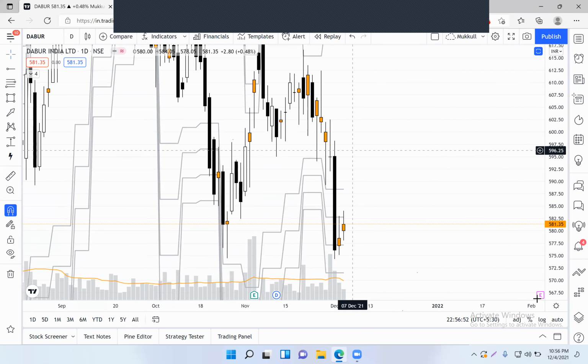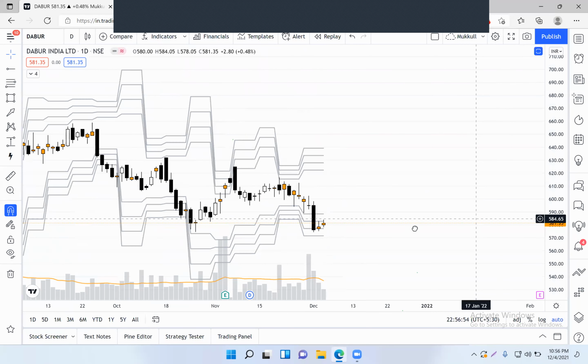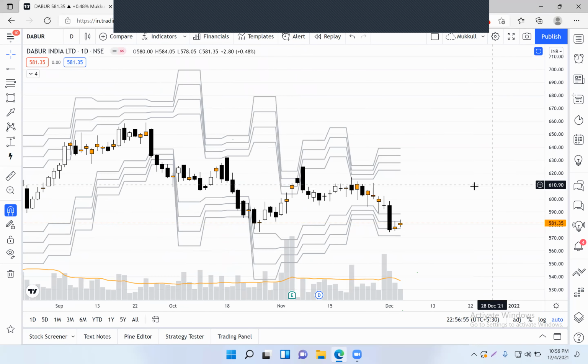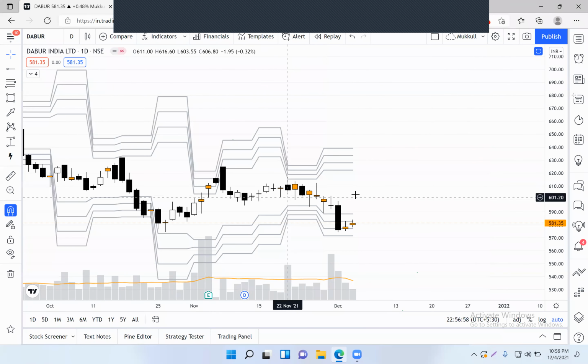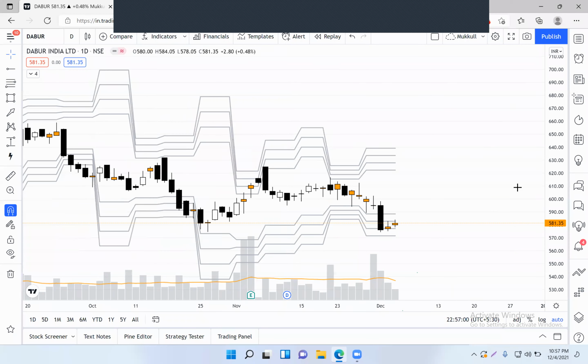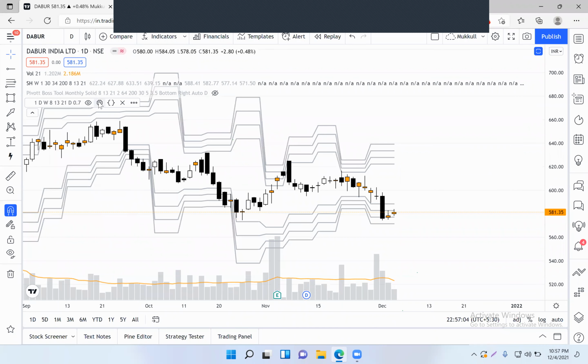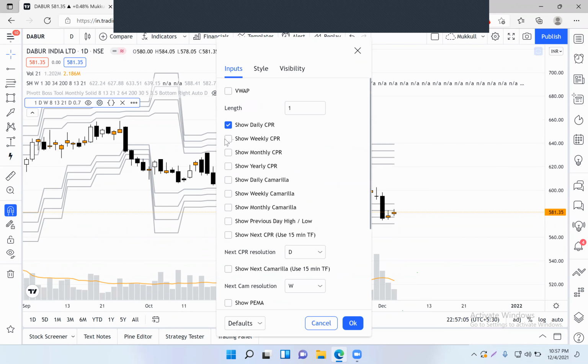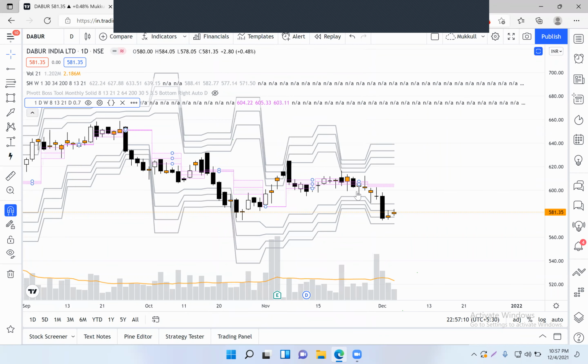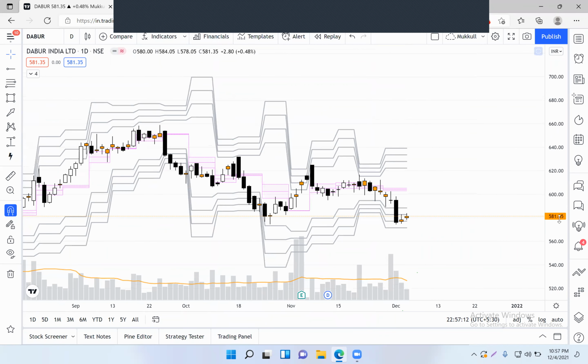That is okay. We will see weekly CPRs now, or you can even keep the combinations. Technically, on daily you cannot see daily CPRs, so we will see weekly CPRs also. So have a look.